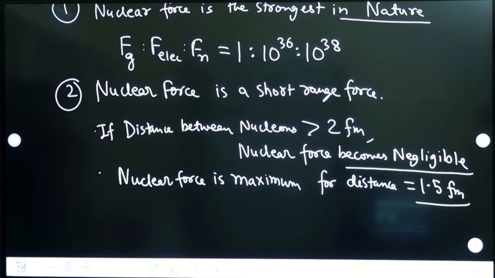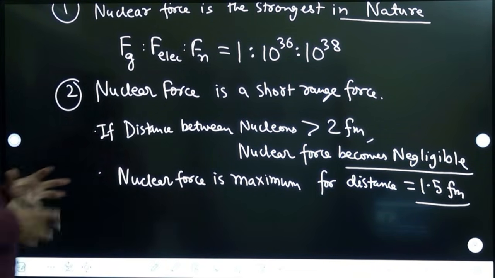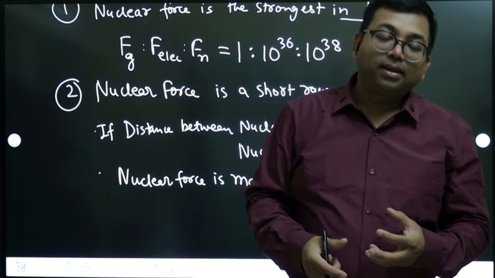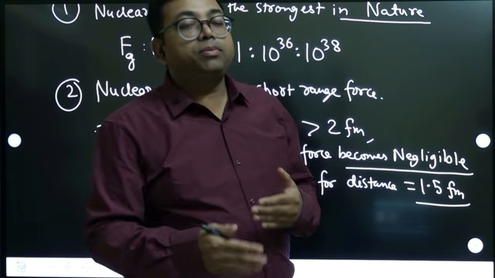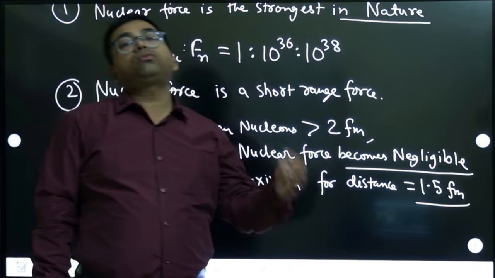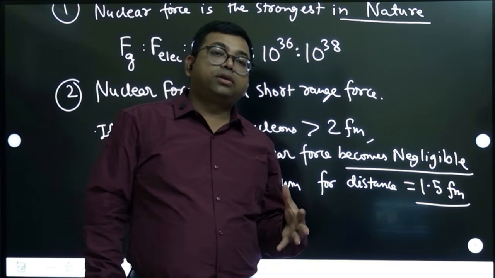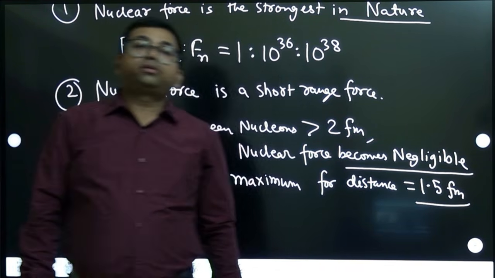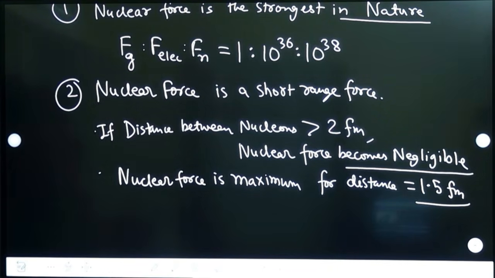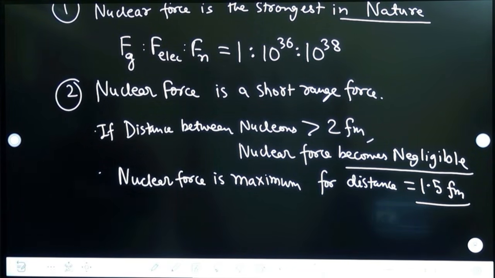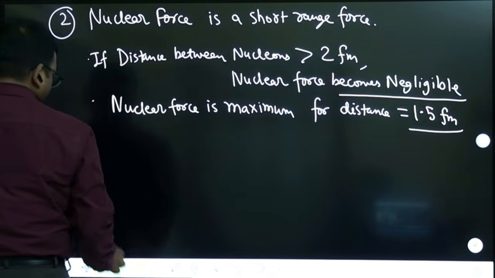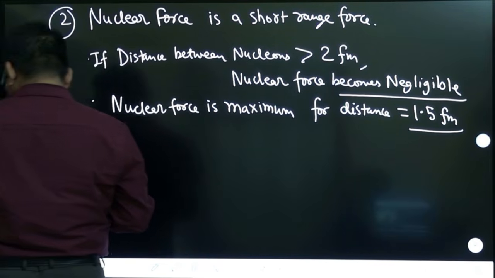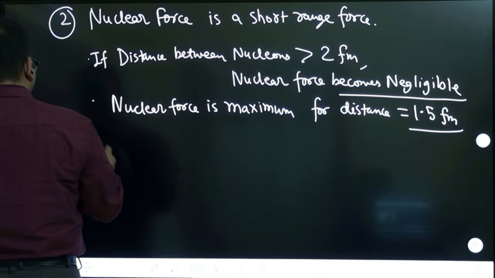After 1.5 femtometer, the nuclear forces between nucleons start decreasing, and at 2 femtometer it becomes negligible. Beyond 2 femtometer it becomes zero. That means nuclear force acts within a small distance. That is what short range means. The next point to be noted is nuclear force.